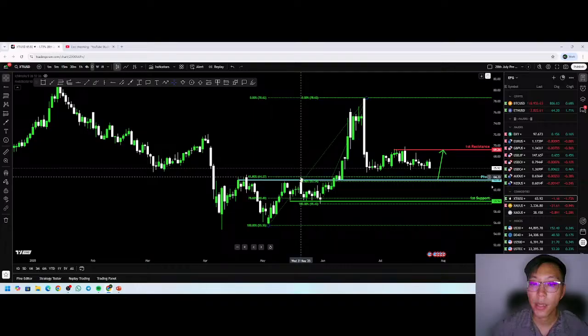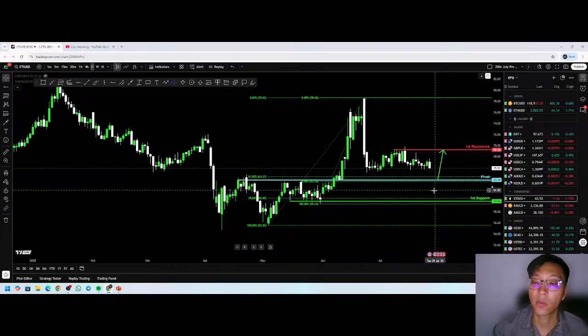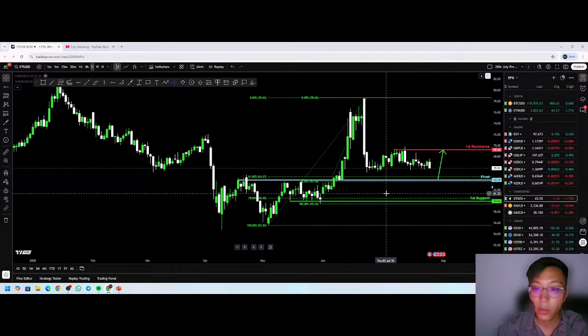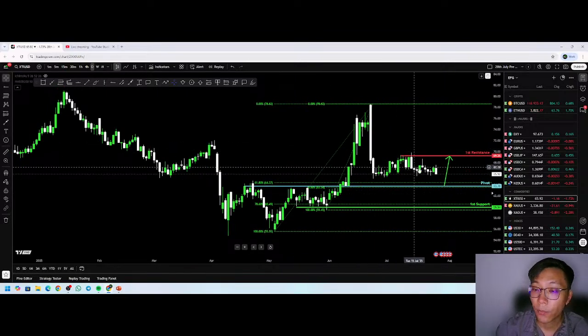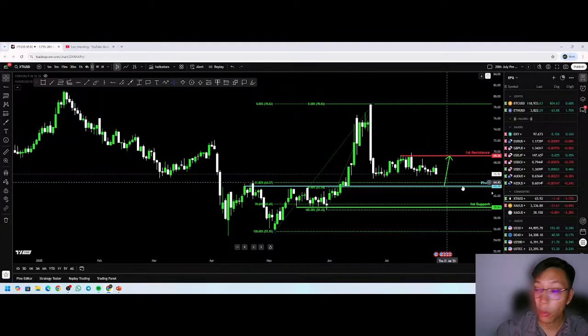So this acts as a good confluence for us to take buys on oil for those that are trading XTI USD. All right, so this is crude oil.